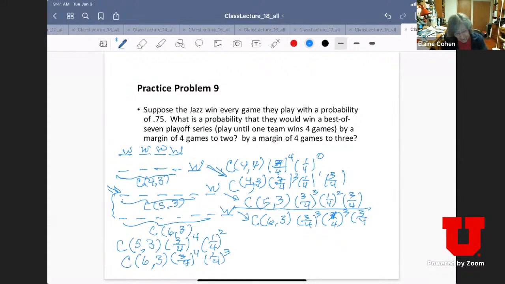So we would be adding each of these cases together. So remember, asking if they win in the best of 7, in any 4, 5, 6, or 7, you're saying, what is the probability they win in 4, or the probability they win in 5, or the probability of 6, or the probability of 7? So we're adding them together. Okay?